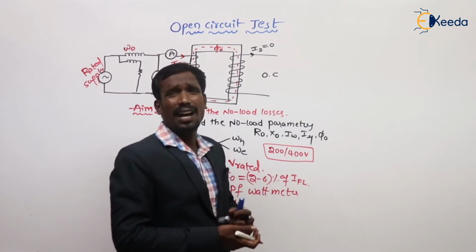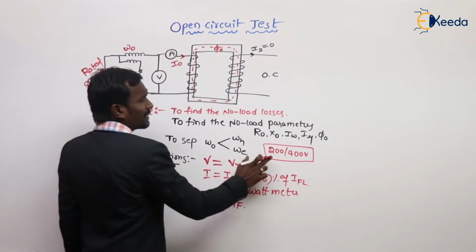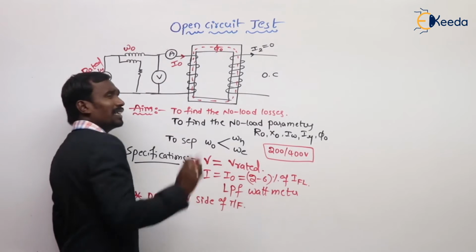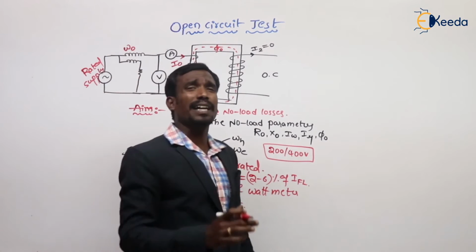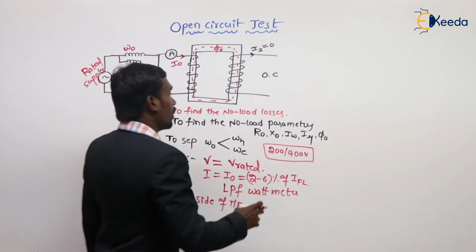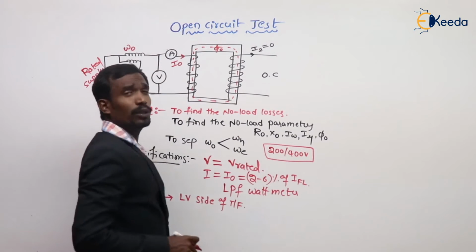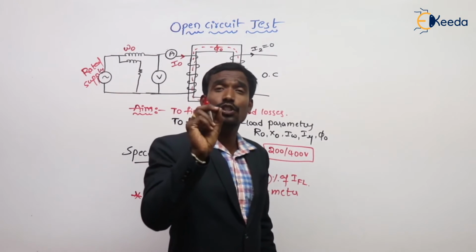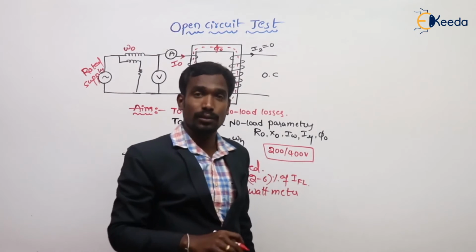If the test is conducted on the LV side, a voltmeter range up to 250 volts is enough. But if conducted on the 400 volt side, the voltmeter range should be up to 500 volts.